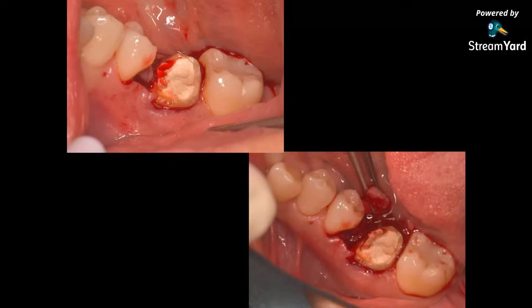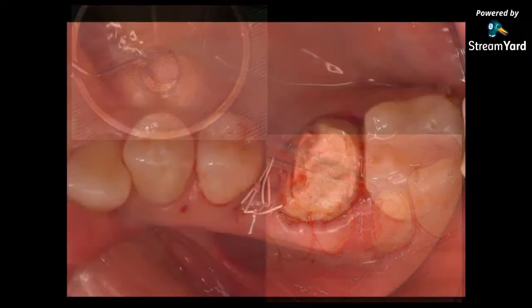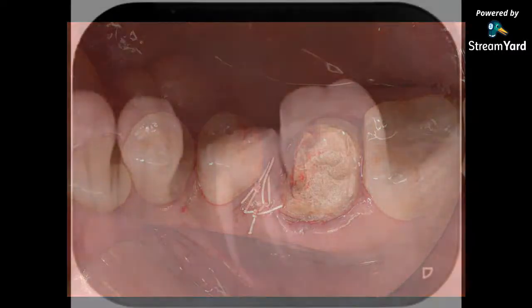Today I don't have enough time to explain how to do the incision line, so I'm going to show you some images. And at this time I used bovine bone mineral and Emdogain and the suture like this.